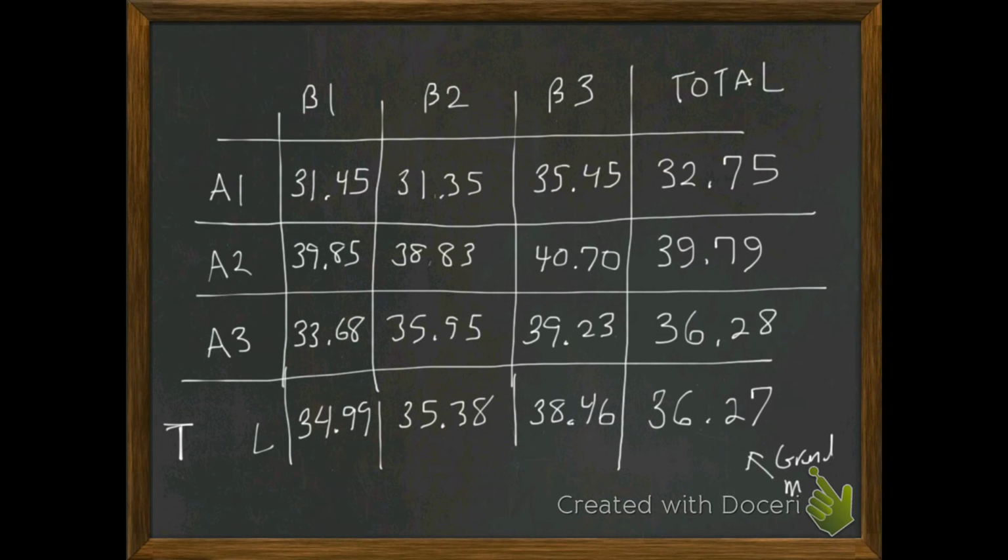Now, let's make one of the easier calculations, and that's going to be the sum of squares for A. You guys remember the sum of squares for A is found by taking n times b times the sum from i equal 1 to a.